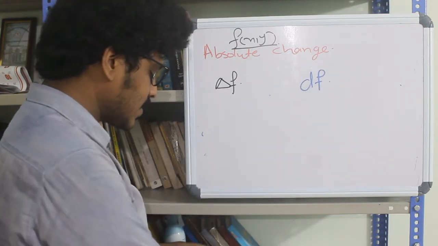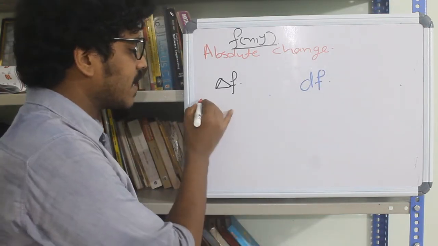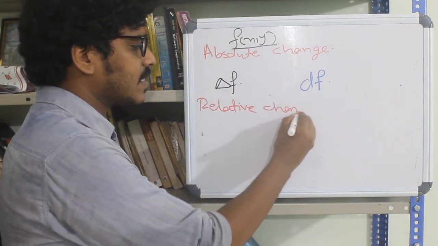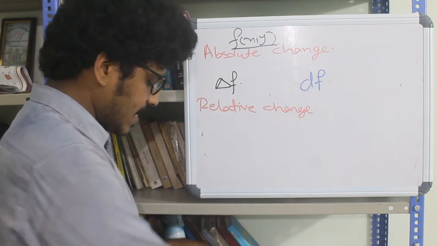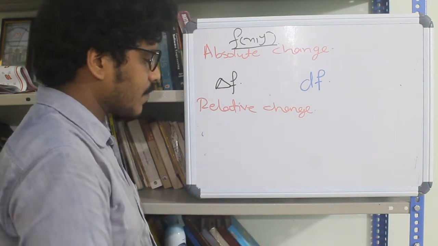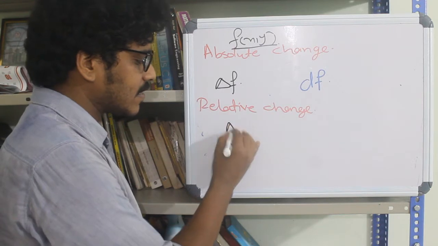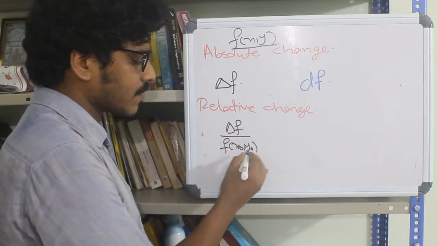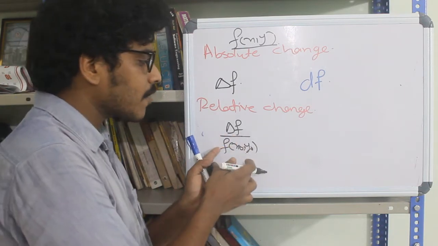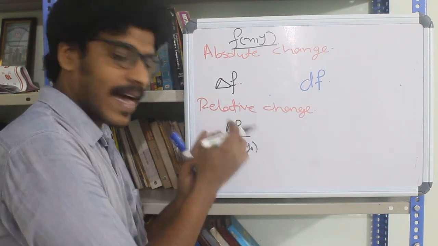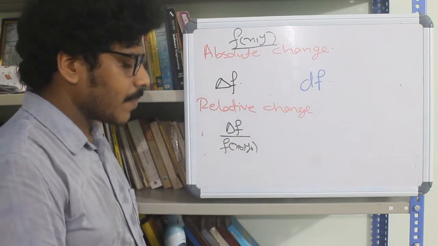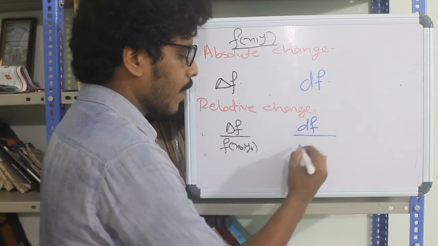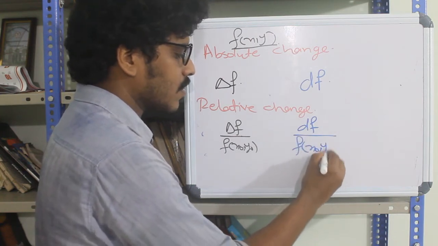The next is relative change. The actual value of relative change is Δf by f at (x₀, y₀). This is the formula for relative change of f at (x₀, y₀). This can be better approximated by df by f(x₀, y₀).